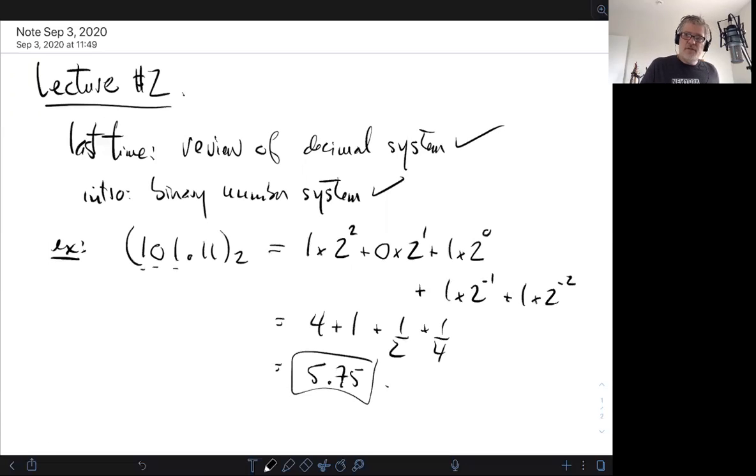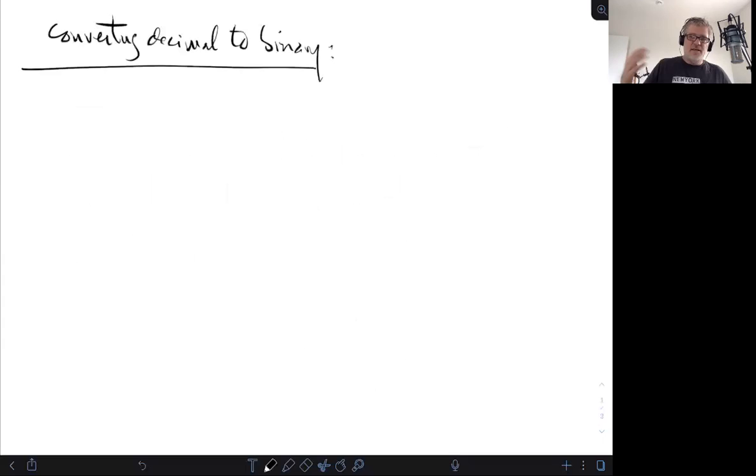Okay, so now today what I want to do is to see how we can convert decimal to binary. Now, of course, as I said, I'll keep repeating this, just in case you missed it: this can be done with a calculator in half a second, right?